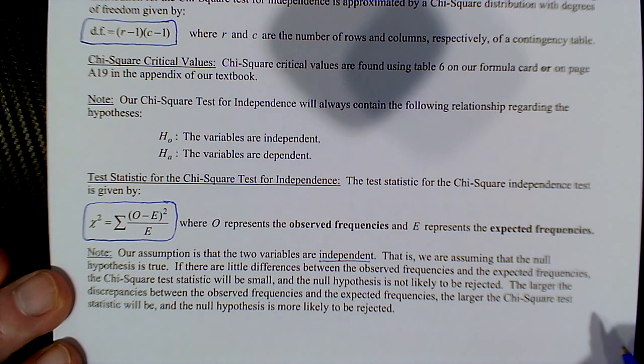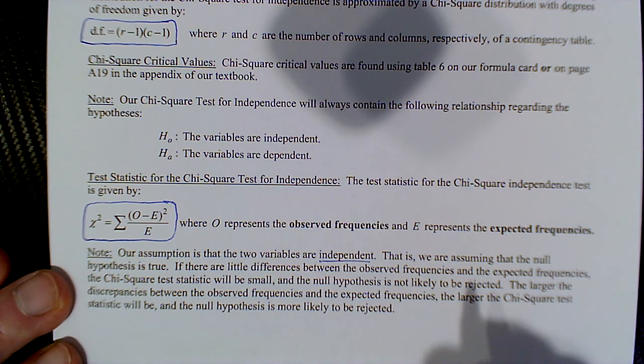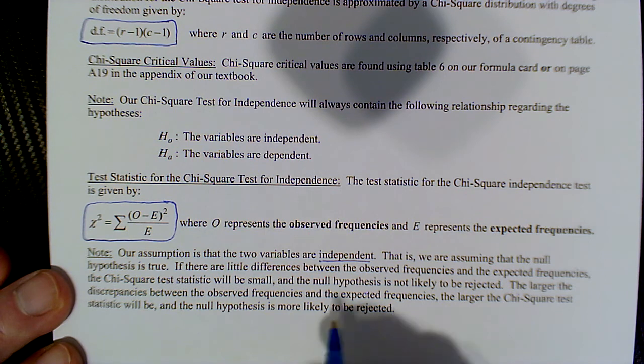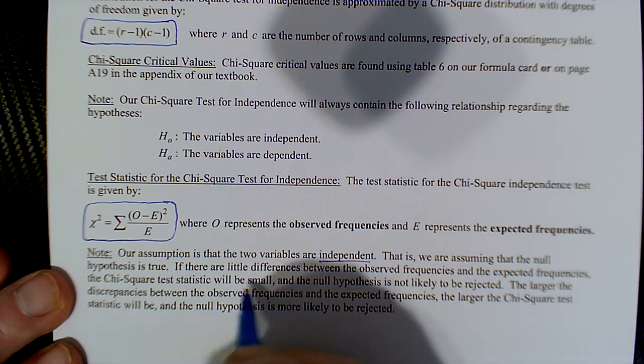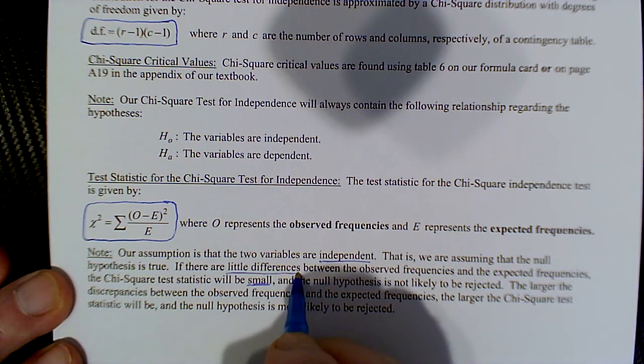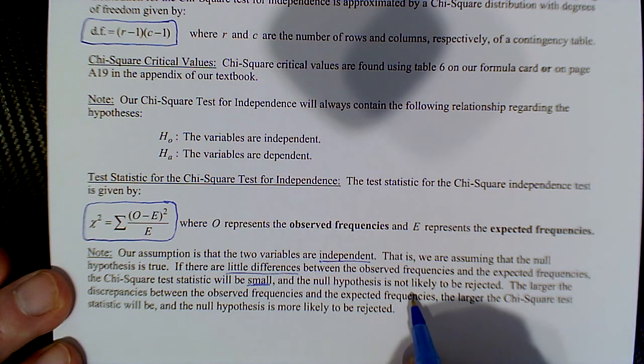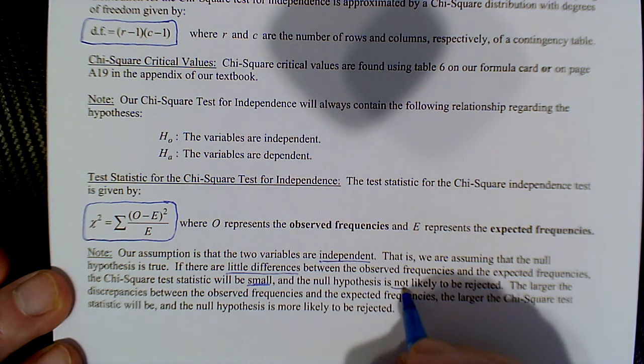And here's a note about our assumption that the two variables are independent. So we assume the null is true as always. And if there's a small difference between the observed and the expected, then the chi-square test statistic will be small. So if there's little differences between the O's and the E's, the null hypothesis is not likely to be rejected.